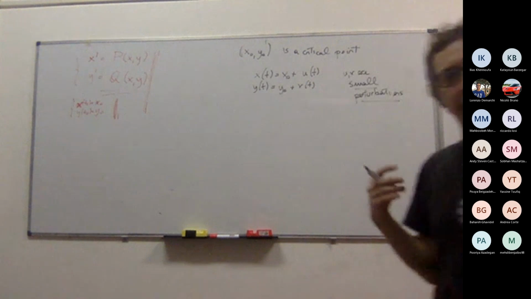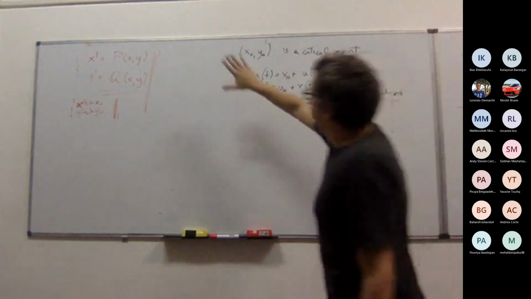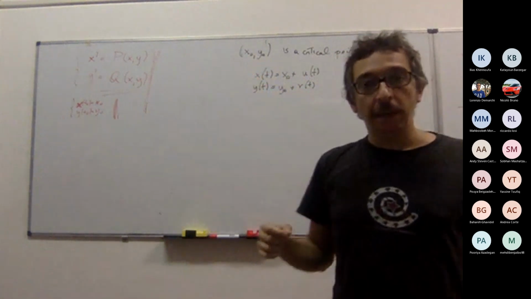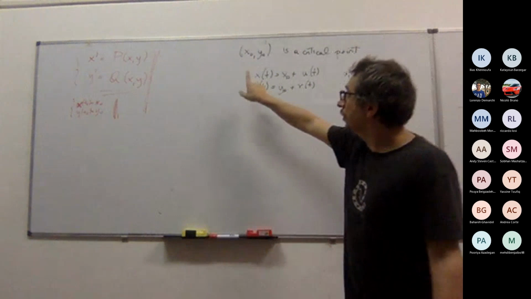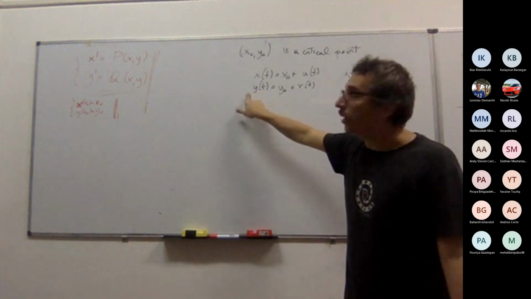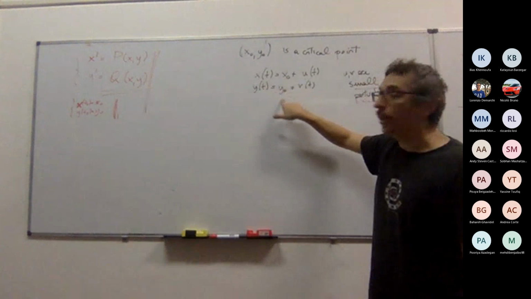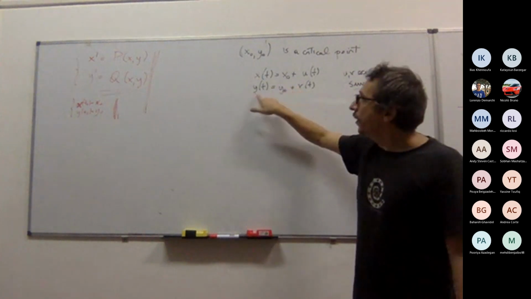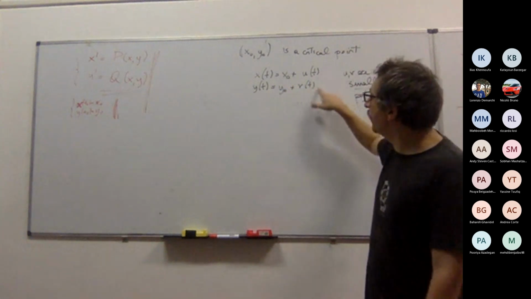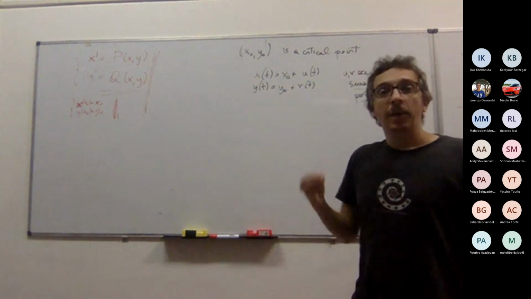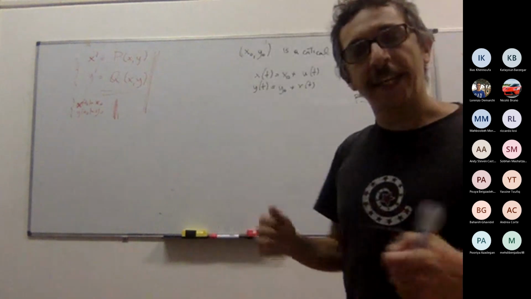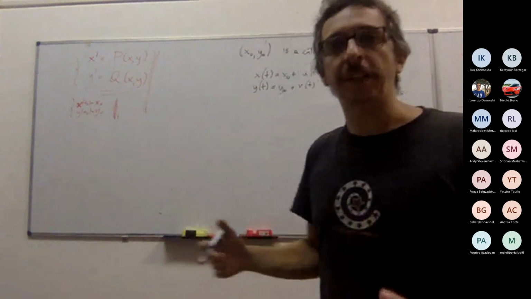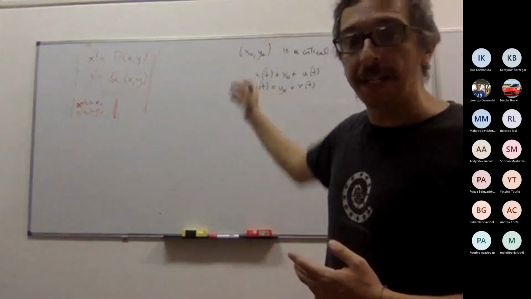So let me repeat. What am I doing here? I'm taking a critical point, x naught, y naught, and looking at solutions x(t) and y(t) of my problem which are close to the critical point. So x(t) is close to x naught, and y(t) is close to y naught, because u and v are small perturbations. Why am I doing this? Because, as I said before, what I want to do is try to understand if there is any criterion that ensures the stability of the point.